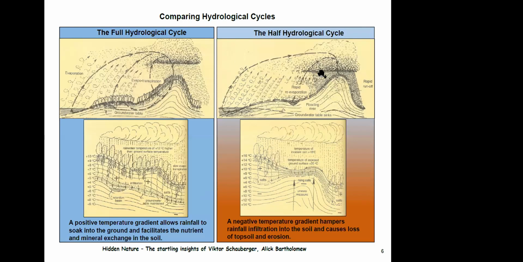And the other phenomenon that happens is, because of this rapid evaporation and tremendous heat and more moisture in the atmosphere, the cumulonimbus storm clouds will be larger, and then the consequential downpours will be even worse.